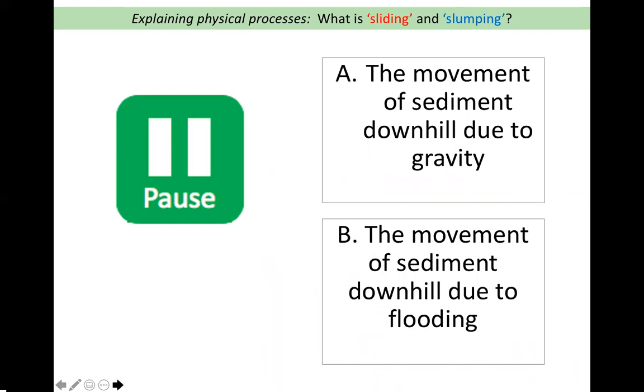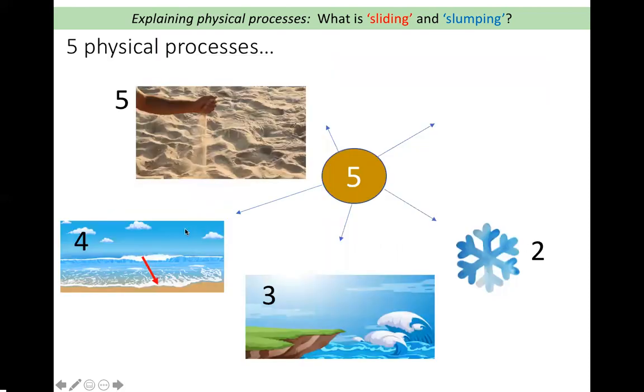The answer is A, the movement of sediment downhill due to gravity. Okay, so very quickly, before we move on to explaining these two types of mass movement, sliding and slumping, it's really important that we know all 5 physical processes because, like I said at the beginning, they help us explain the way particular coastal landforms look and change over time, okay?